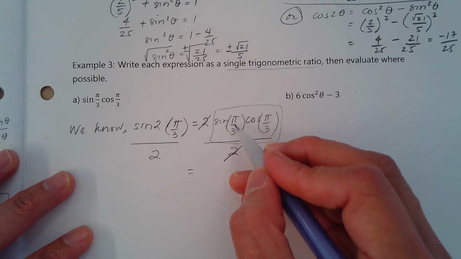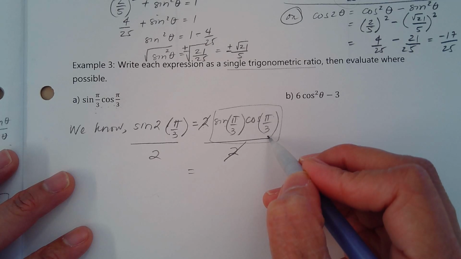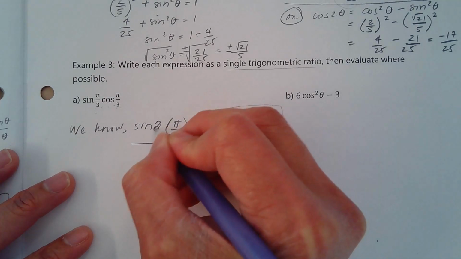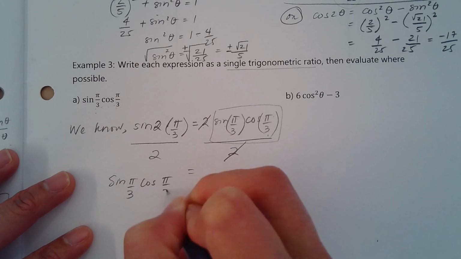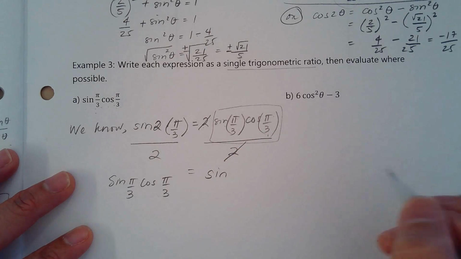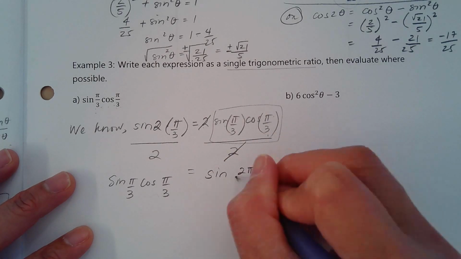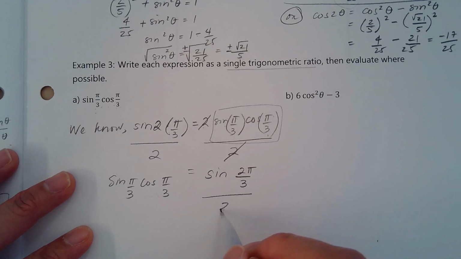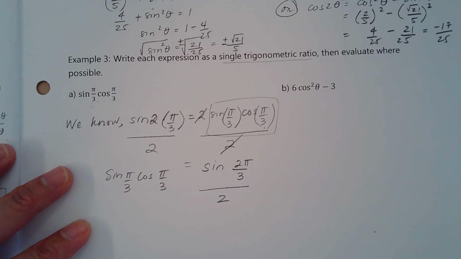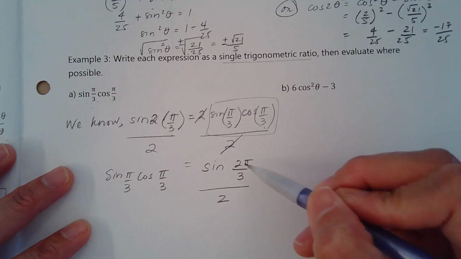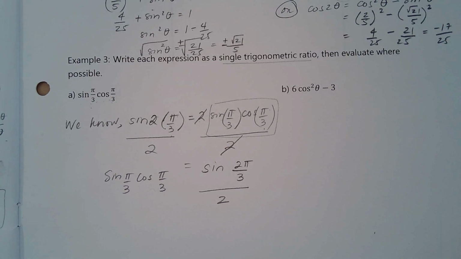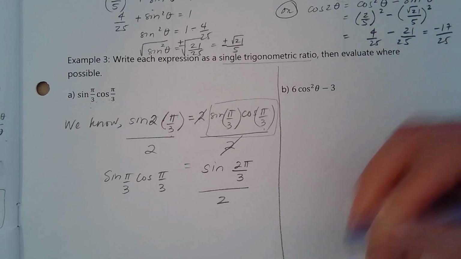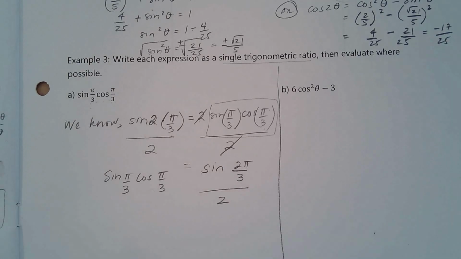Okay, so sine pi over 3 cos pi over 3 is equal to, in terms of one trig ratio, sine of 2 times pi over 3, over 2. So this is just one trig ratio.